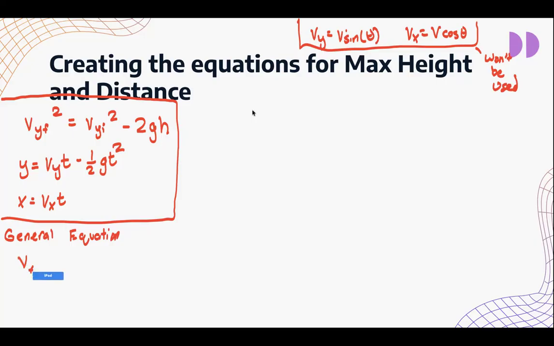I think you technically need the change in velocity one, the very basic final velocity is equal to initial velocity plus acceleration times time. I don't know if you want to write that down though, because that's kind of self-explanatory, but you do need that. I don't know if we need to write that down though, because that's super simple.